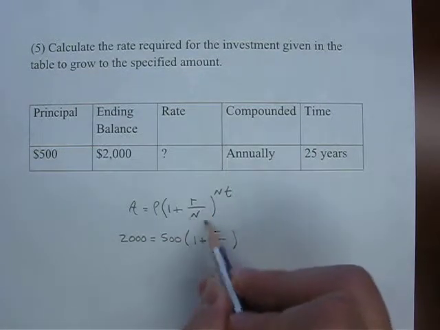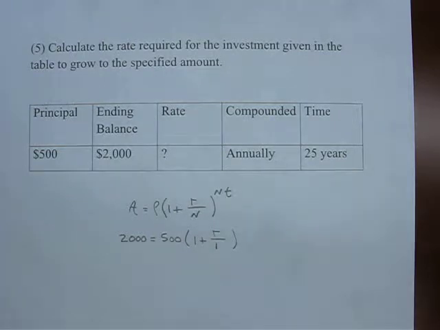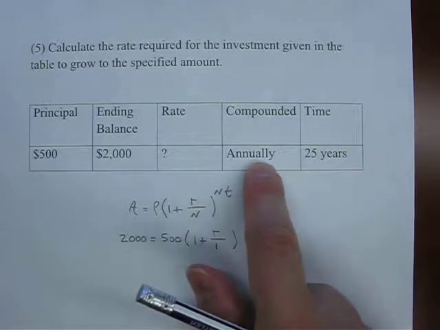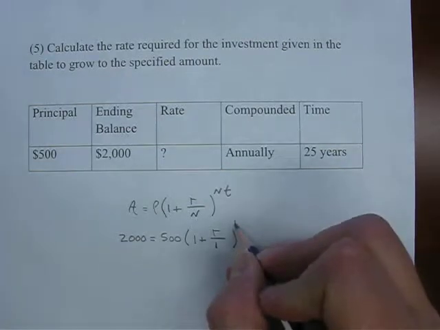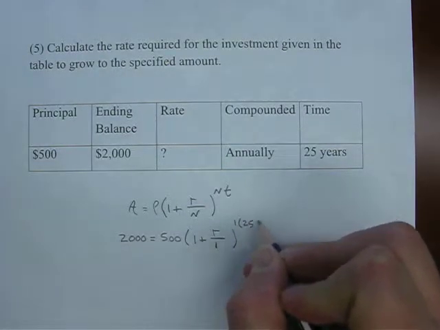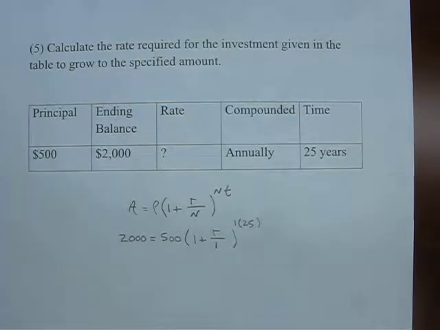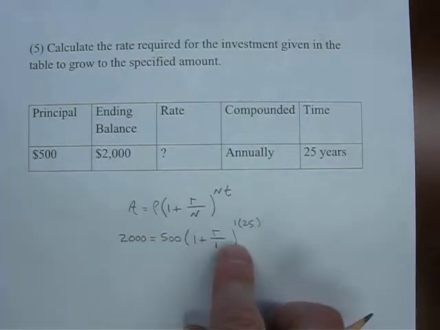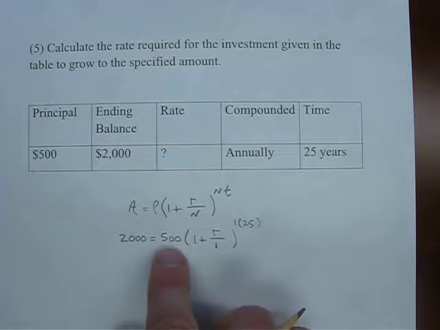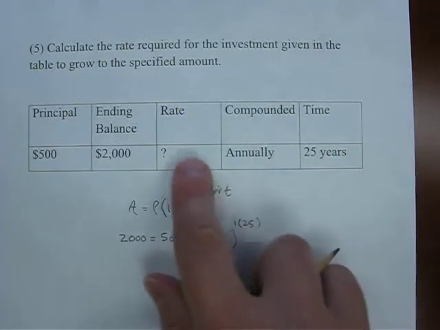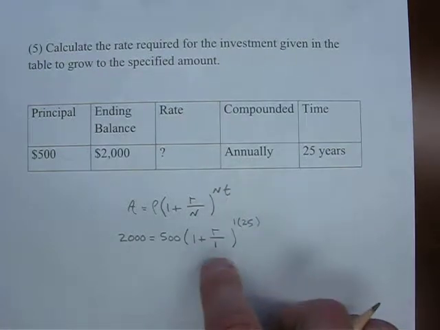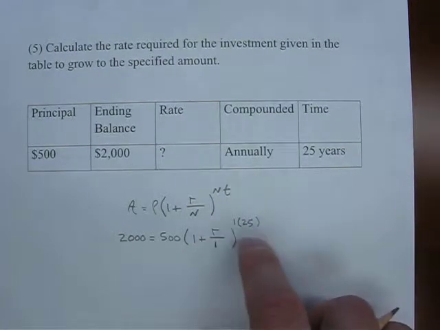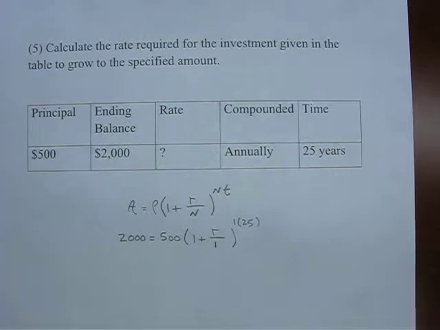So N, the number of times you compound the interest per year, is just 1 in the case of annual compounding. And I do that for 25 years. So I got everything there. I don't know the rate, I'm compounding annually, 1 time per year, and the investment sits for 25 years.